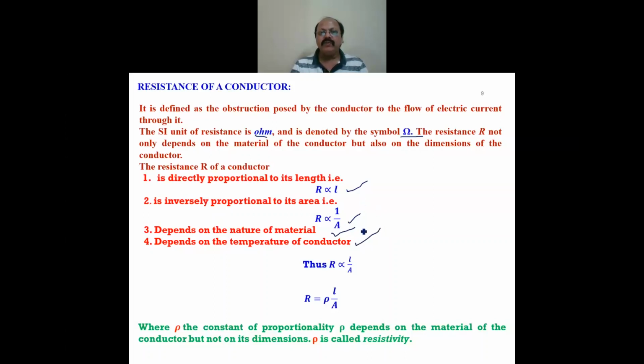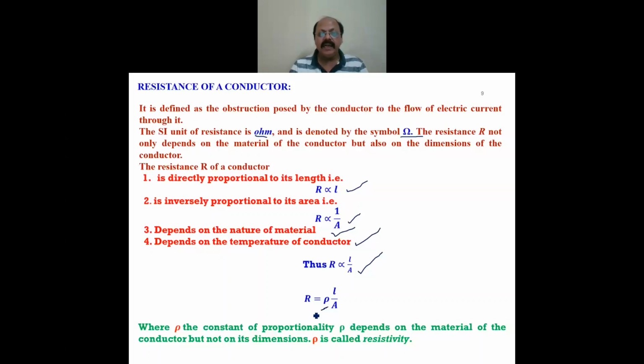When we combine these two factors, we will get R directly proportional to L upon A. For omitting this proportionality sign, we require a constant, that is rho. And this rho is known as specific resistance or electrical resistivity. That is the constant of proportionality, which depends on nature of material of the conductor and temperature of the conductor.